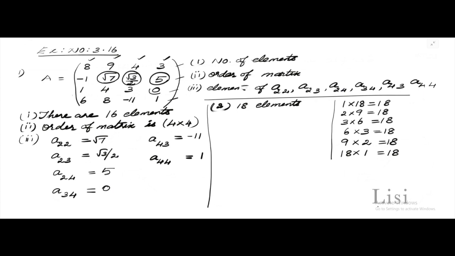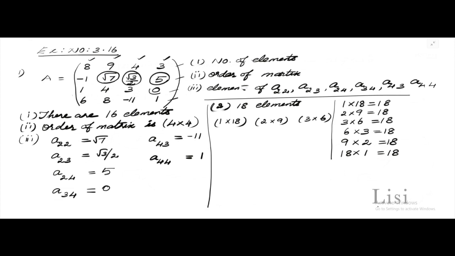Okay. Now come to your answer. You have to write 18 possible ways of writing the 18 elements in matrix. See here, very simple. You can carry on like this. 1 into 18, 2 into 9, 3 into 6.